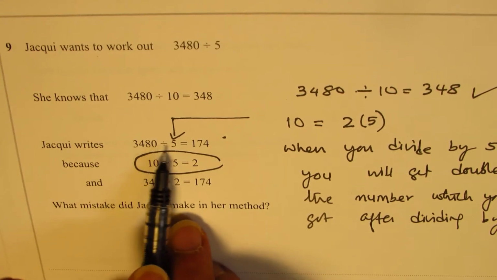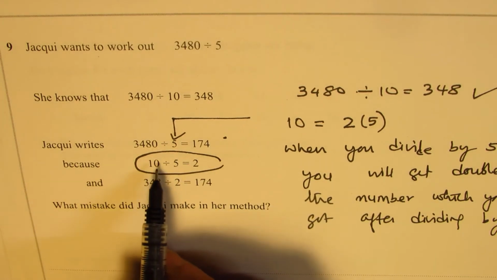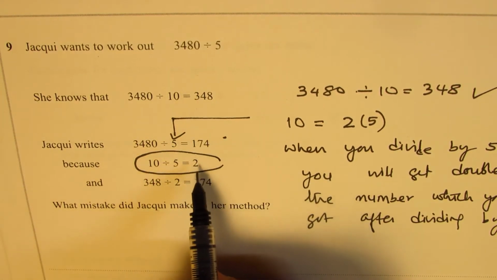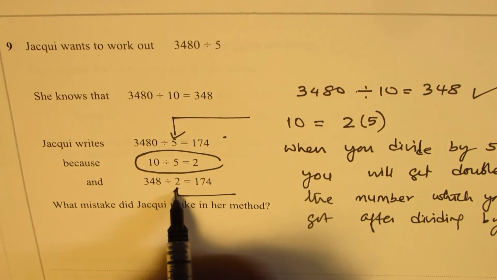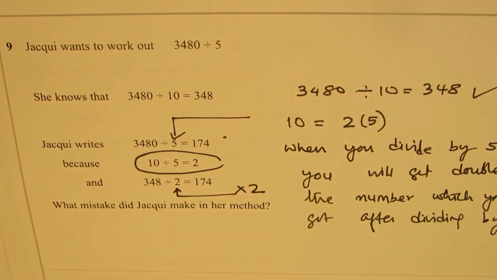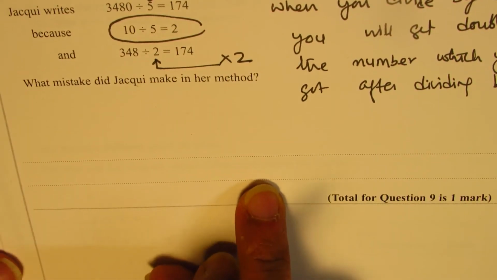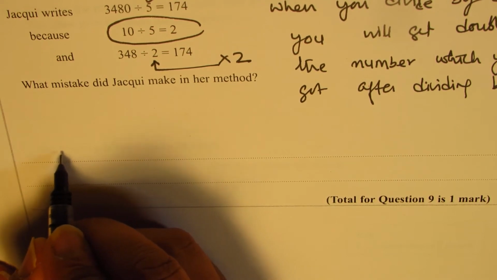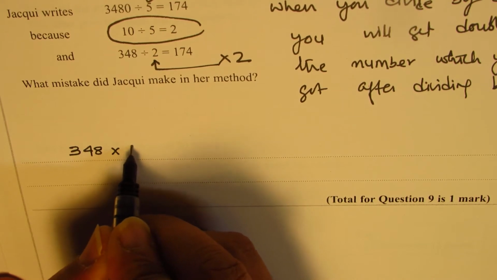So the reason is wrong, right? You should not divide by 5. When you divide by 5, you should not be doing half of that number. You should be multiplying by 2, right? So this step should have been not divide by 2, but times 2. Is it okay? So what mistake did Jackie make? Let's explain the answer correctly here. The mistake is that 348 should be multiplied by 2.